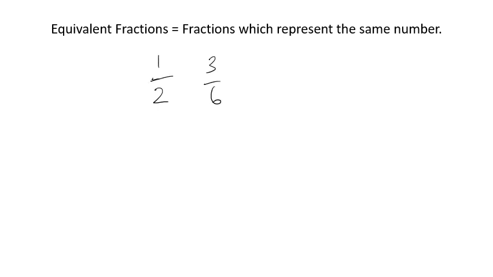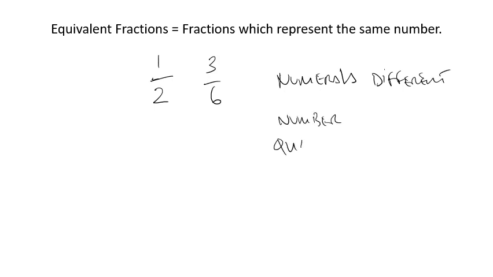A 1 and a 2, a 3 and a 6, they use different numbers. So the numerals are different, but the number is the same. The quantity is the same. So they represent the same thing.